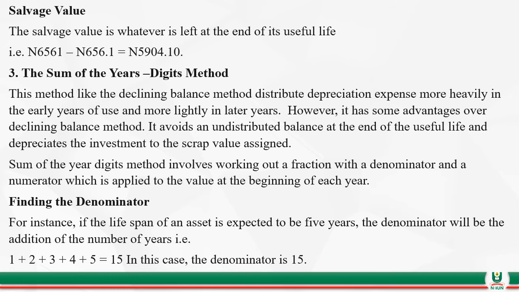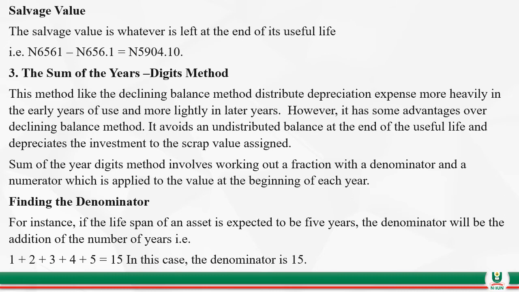So let's look at the sum of the years' digit method, which involves working out a fraction with a denominator and numerator, which is applied to the value at the beginning of each year.